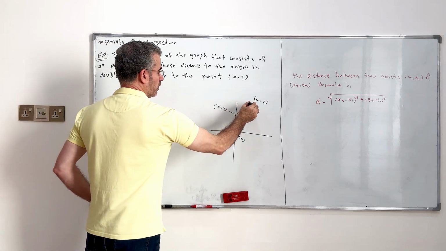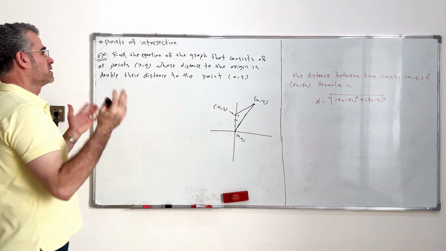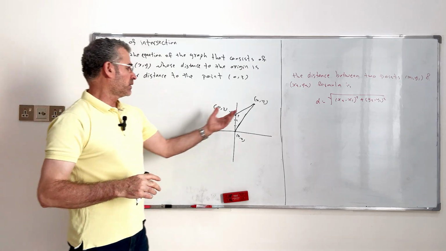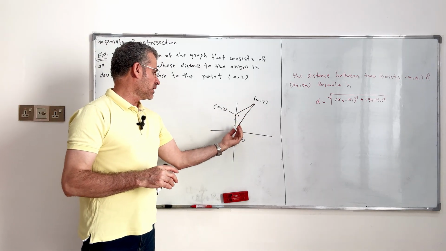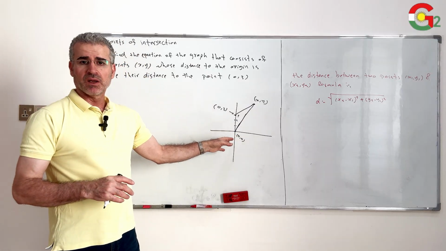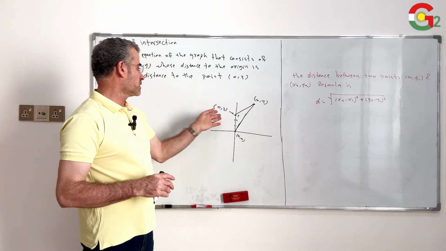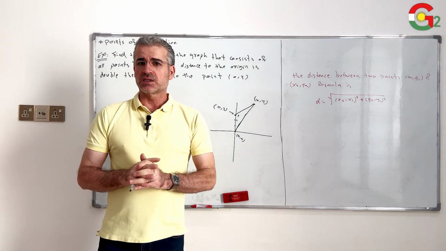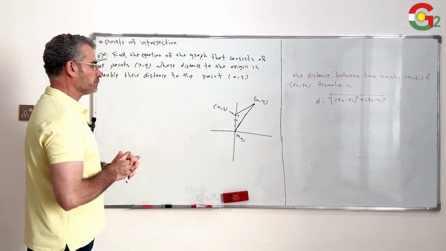We want to find the graph that passes through all points x, y that satisfy the condition: the distance between x, y and 0, 0 is double the distance between x, y and 0, 3.